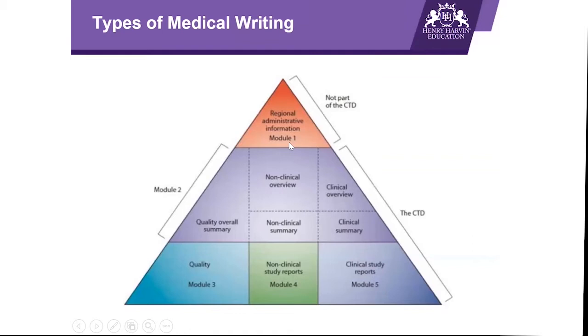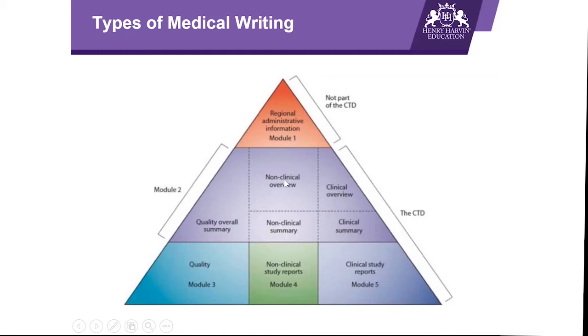So the actual CTD: we have done preclinical or non-clinical studies. The overview of all the results of the preclinical studies, that is non-clinical studies, is provided here, and the non-clinical summary is provided here.